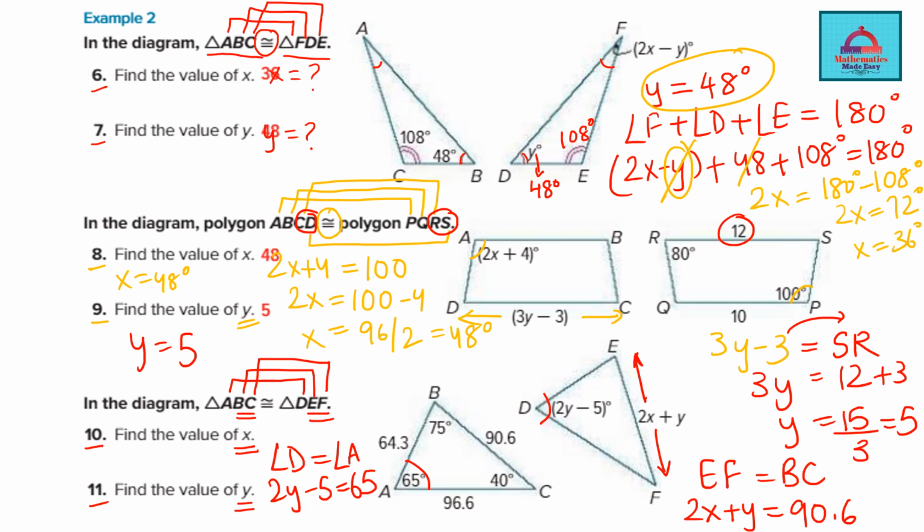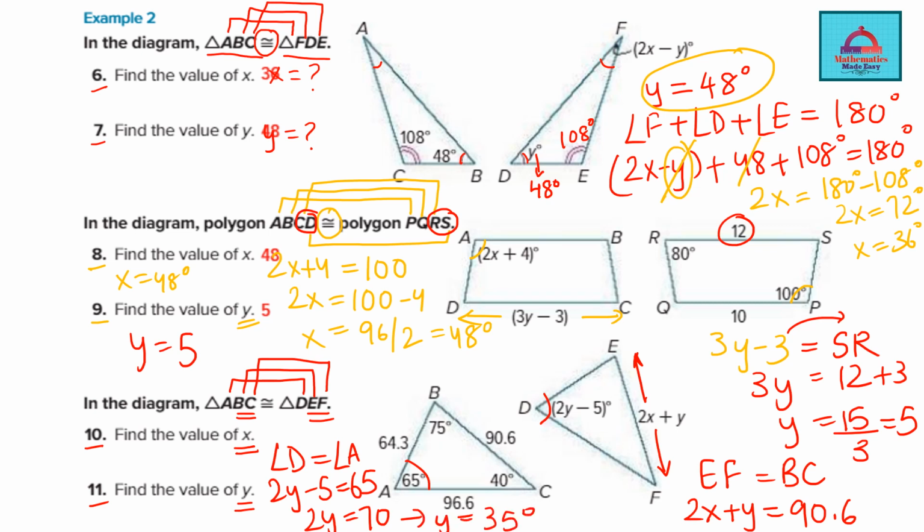So when the 5 goes on the other side, it becomes plus 5. So 65 plus 5 is 70, divided by 2 is 35. So 2y equal to 70 or y is equal to 35 degrees.